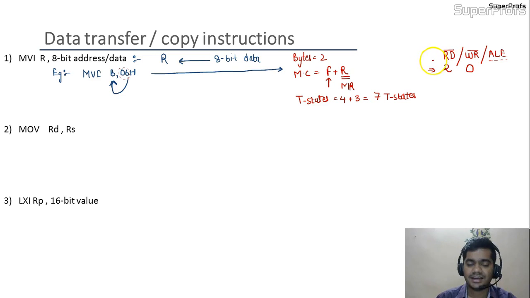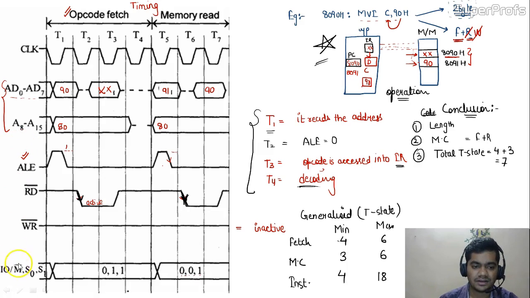When we are reading 2 bytes, that is fetch and read, we are accessing the addresses, so ALE would be activated 2 times. These points can be seen from this figure also: ALE is activated 2 times, the read signal is activated 2 times, and write is not activated even once in this instruction.